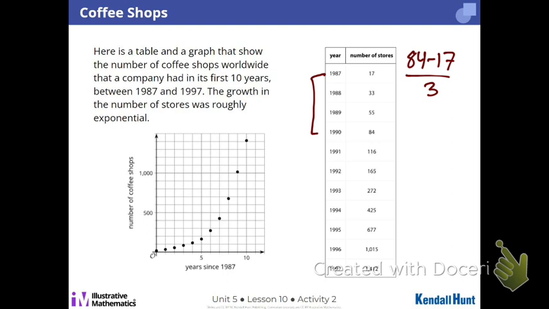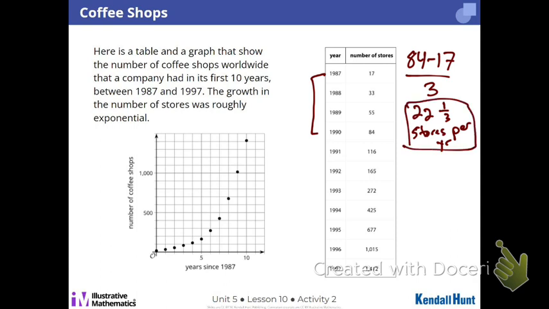So 84 minus 17 is 67 stores. On average over those 3 years means 22 and 1/3. Wait, no, that would be 20. I got 22 and 1/3. Oh wait, no, that's 70. And that's going to be stores per year.